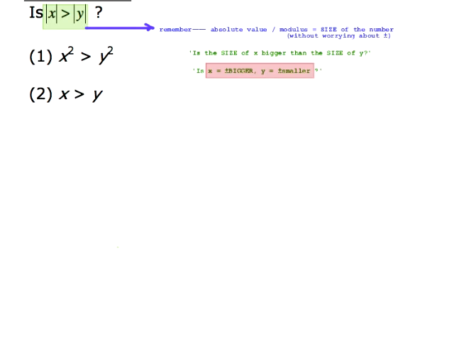And if you think about what makes a square bigger than another square, remember that squares are not negative, because if it's 0, then it's 0. This means we don't know the signs.